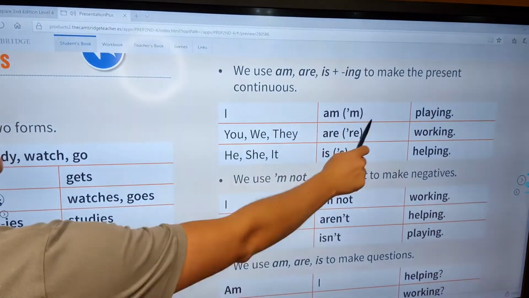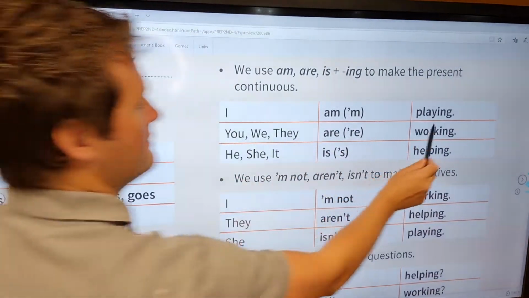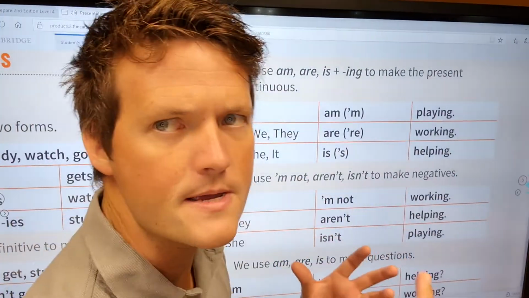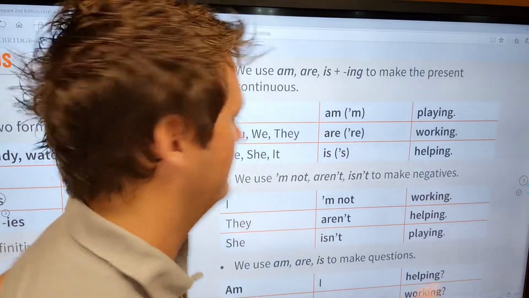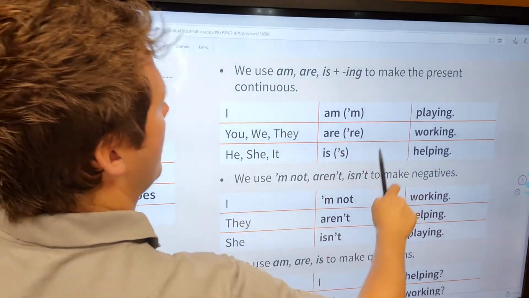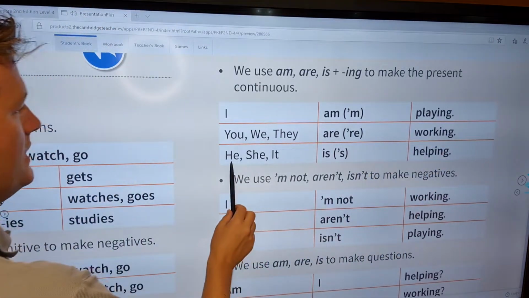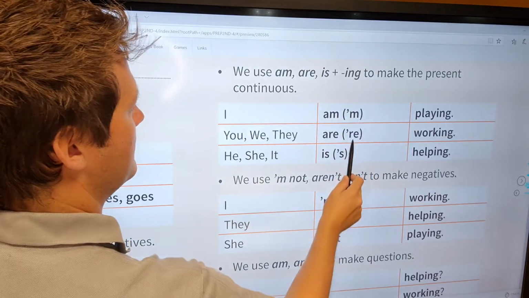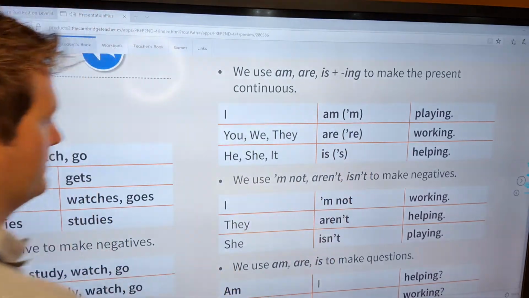So it says, I am playing. Right? The verb in ing, yes? To show that it is happening now, usually, right? I am playing. You, we, they are working. He, she, it is helping. And then in brackets we have the abbreviated forms there.